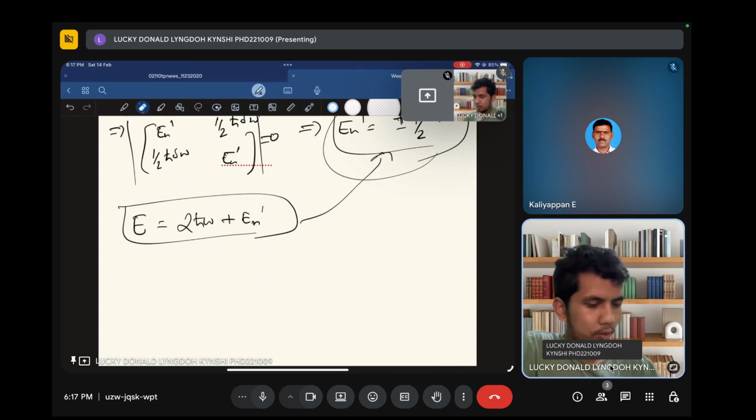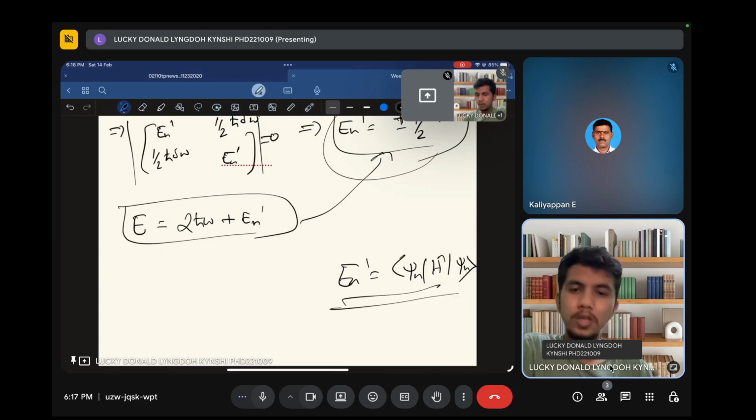Suppose you just need to solve your E n 1 to be equal to <psi n|H'|psi n>, where H' is due to your perturbation. So you just need to solve the equation and then add it to your original energy equation. Whether it is a harmonic oscillator or a hydrogen atom, it is the same thing. You just need to solve this equation and then add it up to your original energy term.